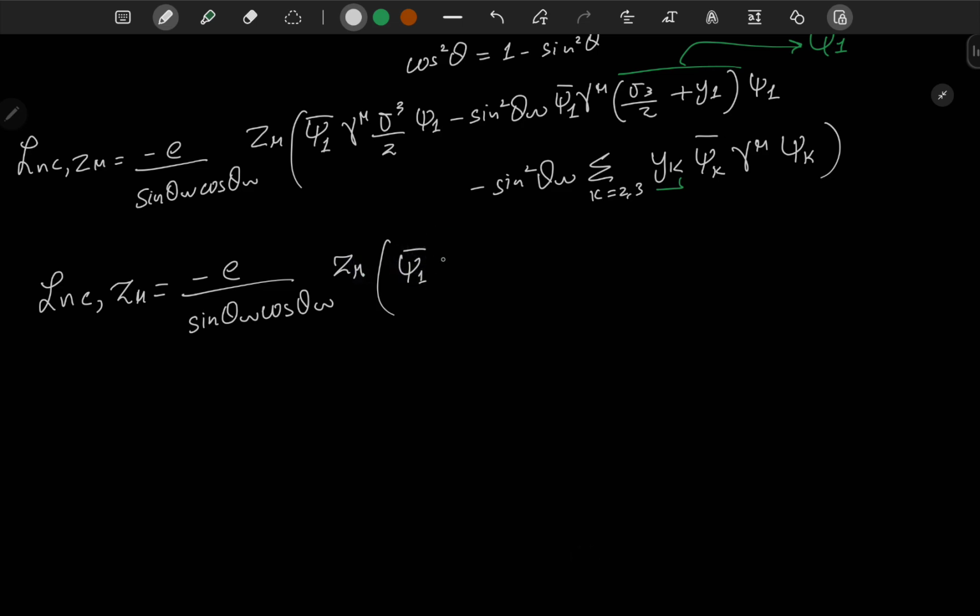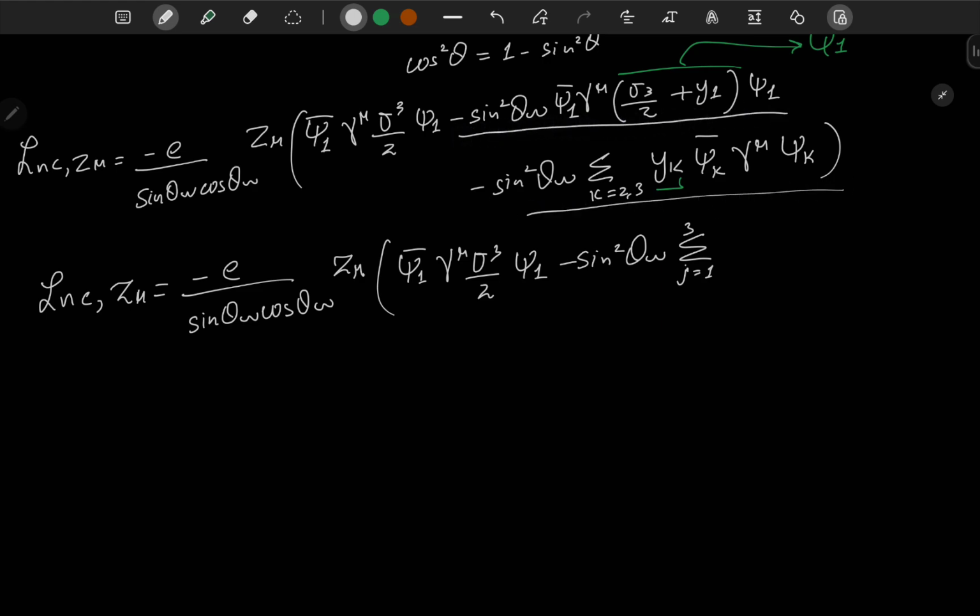Psi 1 bar gamma mu sigma 3 over 2 psi 1 minus sine square of theta w, sum over j, which runs from 1 to 3, and I'm going to add this term with this term since both terms have sine square of theta w in common, and I'm going to write sigma 3 over 2 plus y1 as q1 and y2 and y3 as q2 and q3.